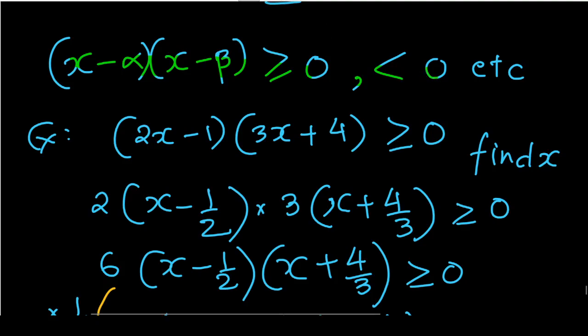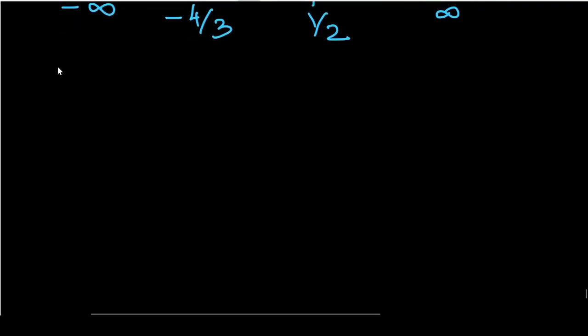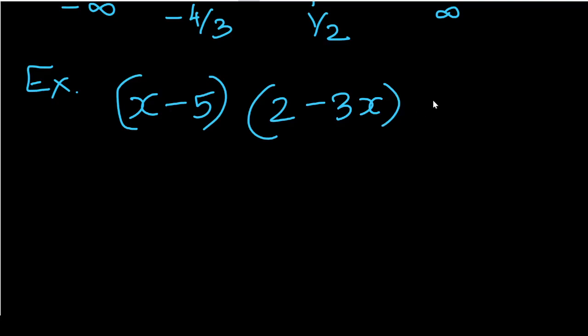So guys, now the question arises, what if one of the coefficients is negative? What I mean to say is, for example, if I take x minus 5 into 2 minus 3x less than 0, now we have to find x.